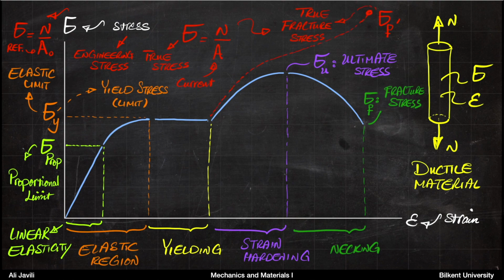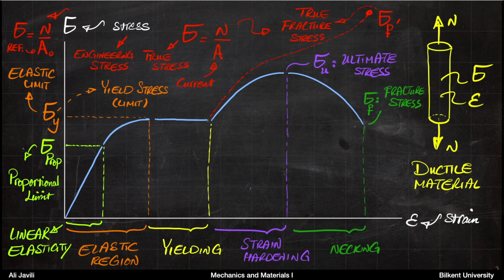If you did not divide it by the original area, so if you divide it by the actual area, obviously the stress is actually increasing until it reaches the fracture stress. So if you divide the normal force by the current area instead of the reference area, then you get this other stress measure, which we call true stress.